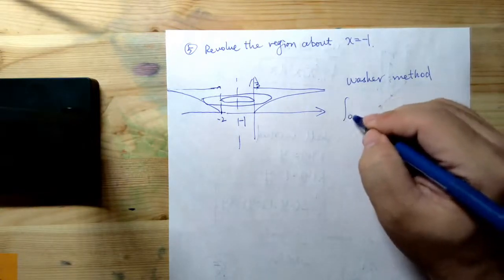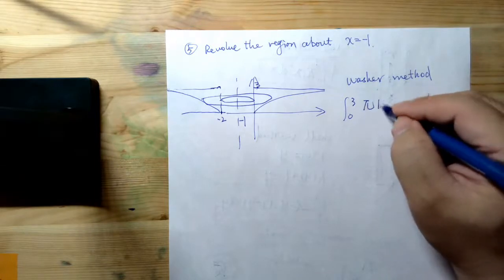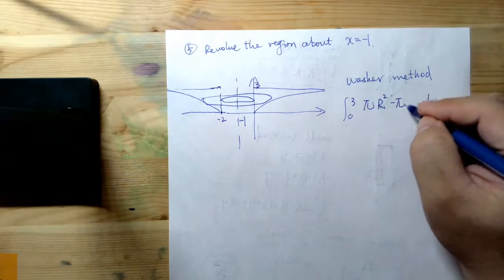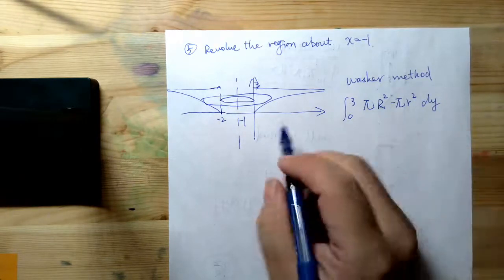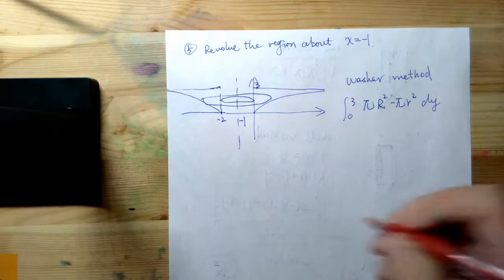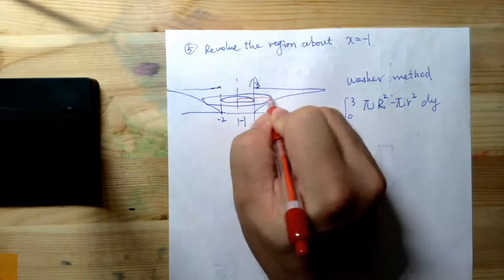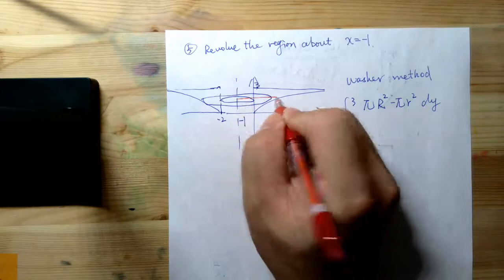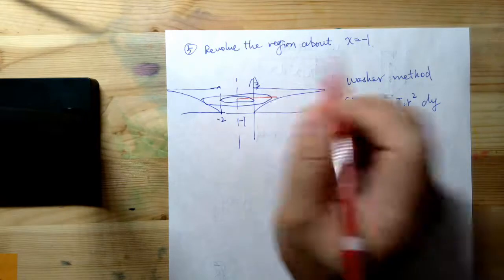So it's from 0 to 3, something dy. And again, we need to figure out the capital R. We need to figure out the small r. Okay, the capital R here, which actually, let me use a different color, is exactly this. So the difference between this curve and x equals -1.